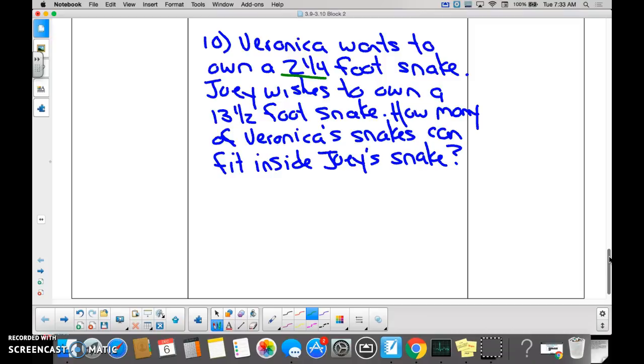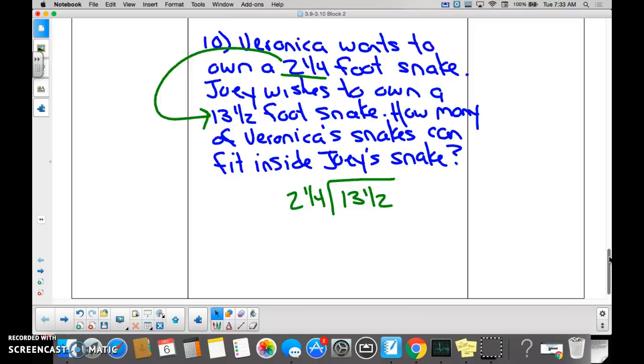It's a division problem. What is the number that would go inside the box, so to speak, and the number that would go outside of the box? We know that we want 2 1/4 to go into 13 1/2 a certain amount of times. So if we think of this problem in terms of a box, you would have 13 1/2 inside the box, 2 1/4 outside the box.